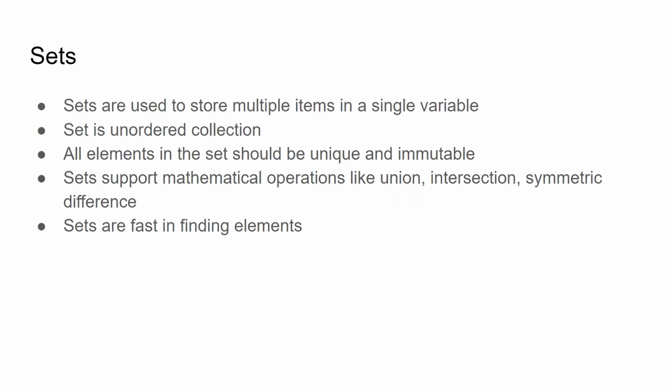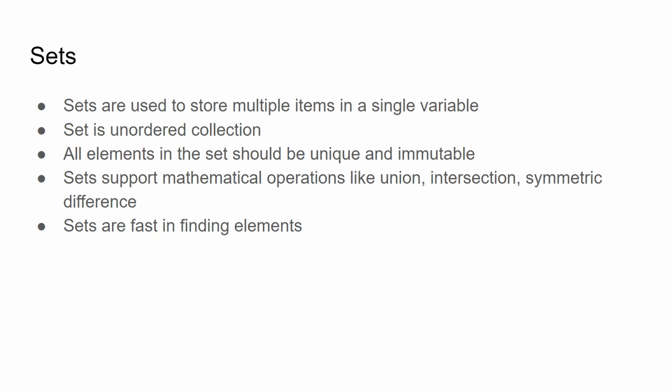Okay. What are sets? Sets are used to store multiple items in a single variable. A set is an unordered collection. So you see that in the list all elements had their order. Sets don't have any order, so they work more like mathematical sets. And all elements in the set should be unique and immutable.